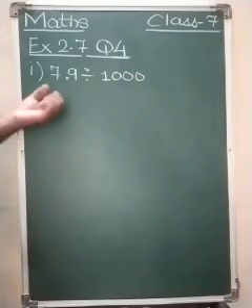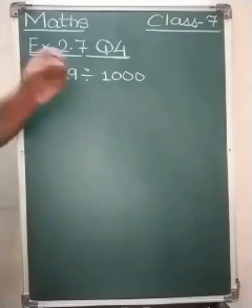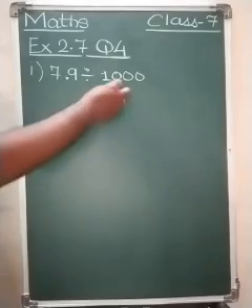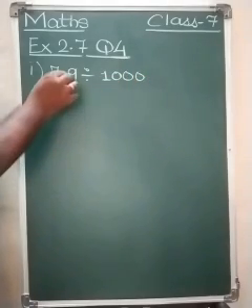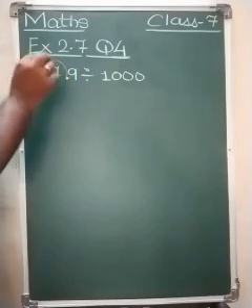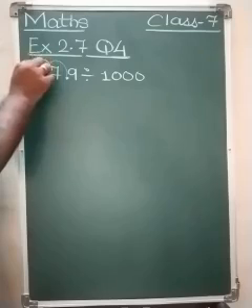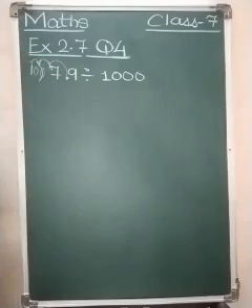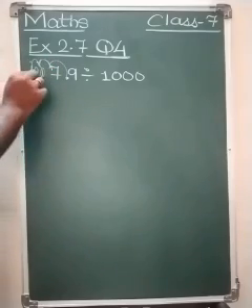So orally first we will try to find out the answer, and then we will find the answer by working out the question. So 1, 2, 3 zeros, so it will move towards the left-hand side, 3 places. One decimal point is shifted here, 2 places, so 0 would be given. Third place, so 0 would be given, and the decimal point would be somewhere here.